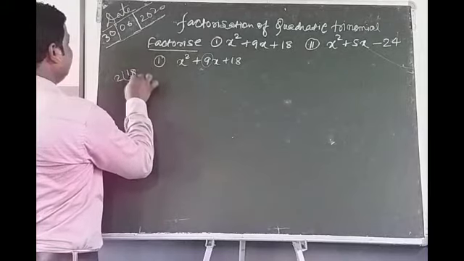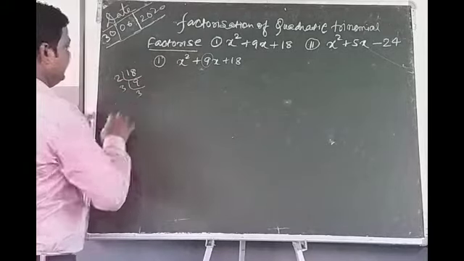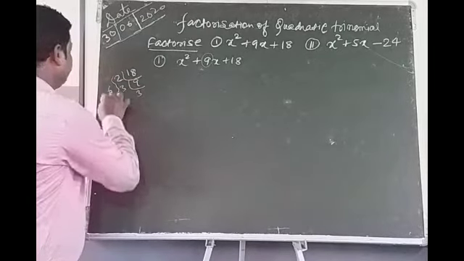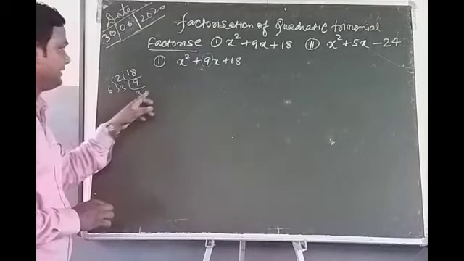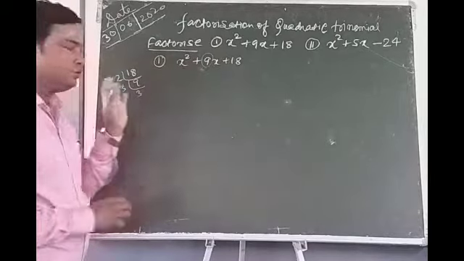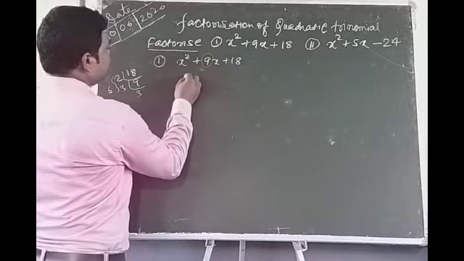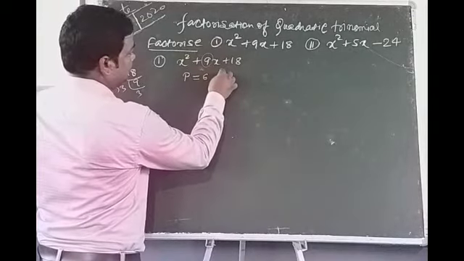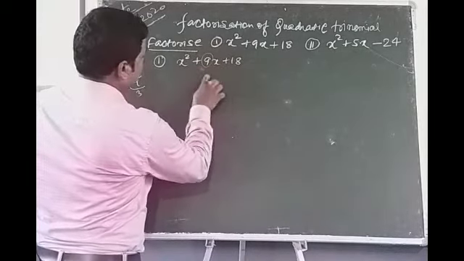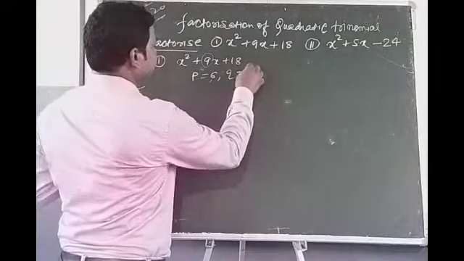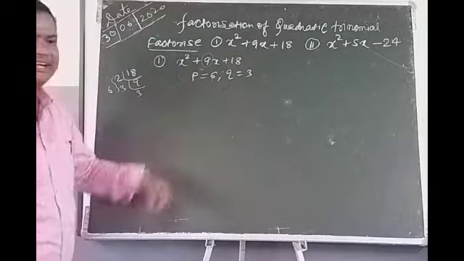2 9s are 18, 3 3s are 9, 3 6s are 18. So we take the two numbers 6 and 3: 6 plus 3 is 9, and 6 into 3 is 18. So p equal to 6 and q equal to 3.